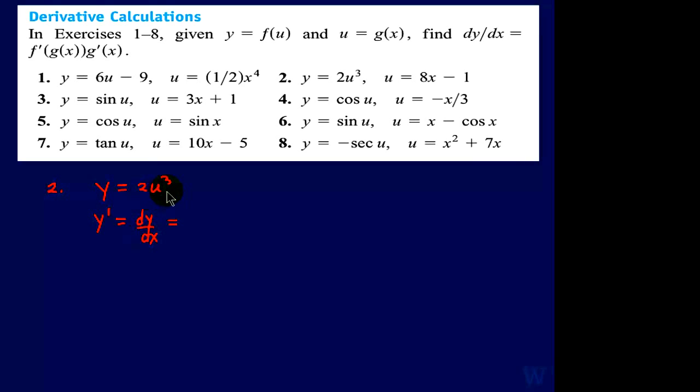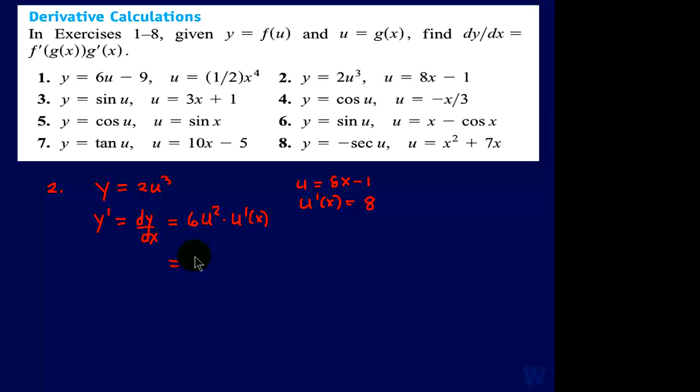So I differentiate it first, which is 6u squared times what is the derivative of u with respect to x? Well, because u is equal to 8x minus 1, u prime of x is just 8.